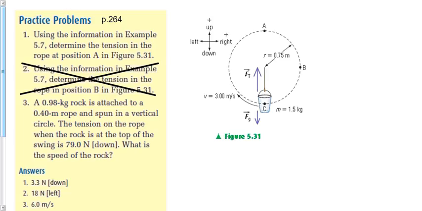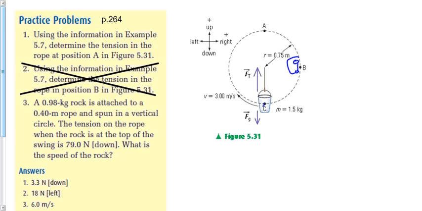Why am I not asking you to do question number 2, Fraser? Go ahead, Rosie. Yeah, it's at position B. We want to deal with A and C, right? The top and the bottom, those are the extremes. We could deal with this at position B.